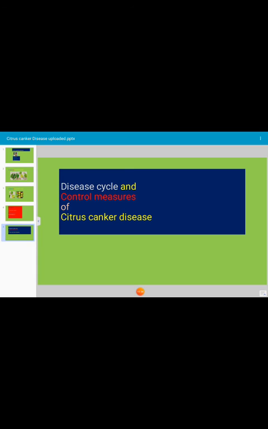As the pathogen is an obligate parasite and the host is a perennial plant, eradication is the method. To some extent we can reduce the disease intensity. The disease is controlled by eradication of diseased trees. And in eradication, what do we have to do?